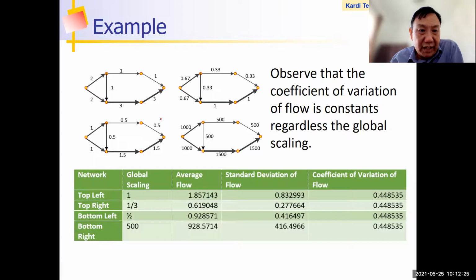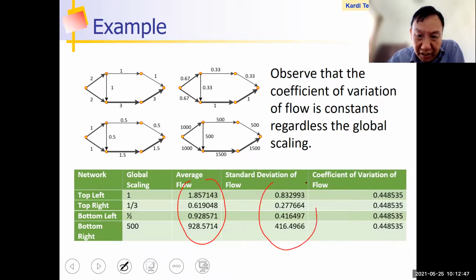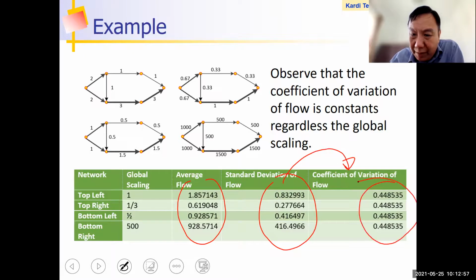So this is the example from earlier. I hide the dummy node, the dummy links and the cloud node. You can see that the average is different and the standard deviation is different, but when you divide the standard deviation by the average, you get exactly the same coefficient of variation of flow.